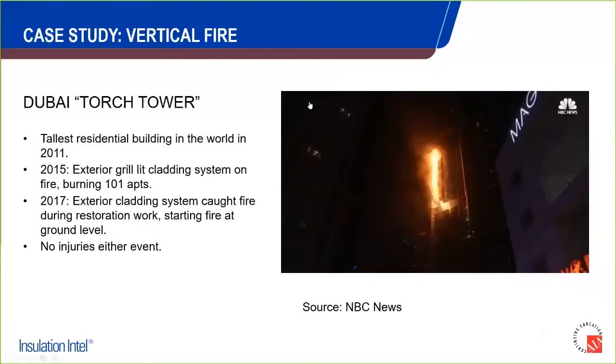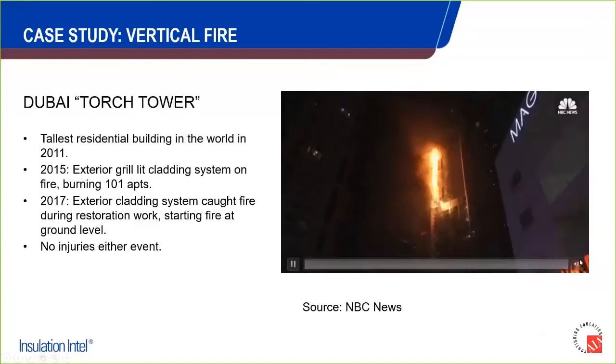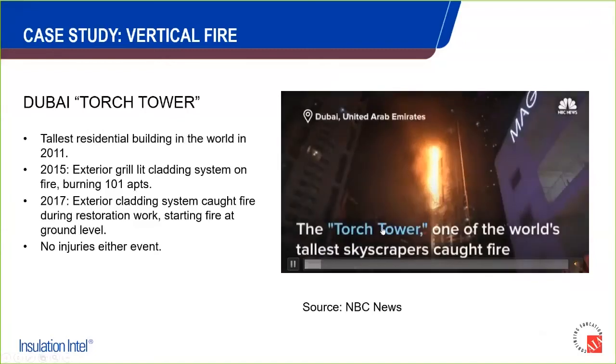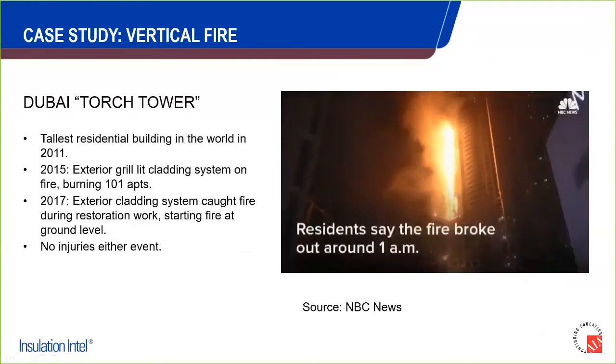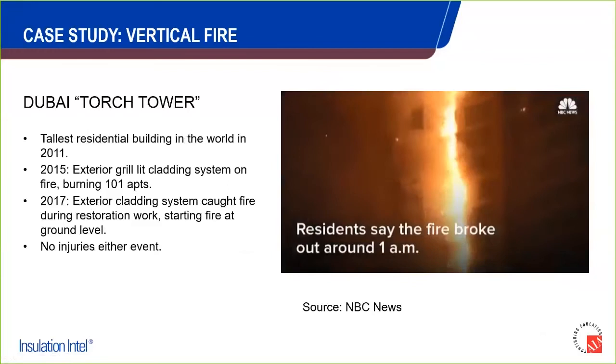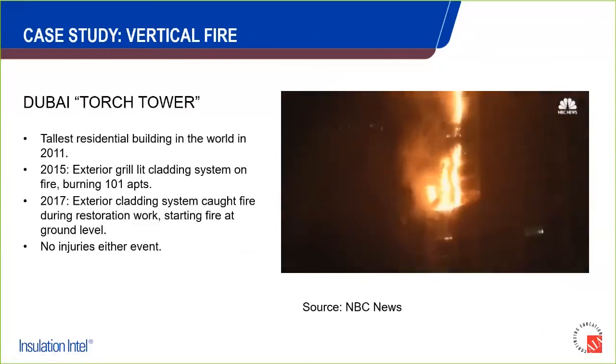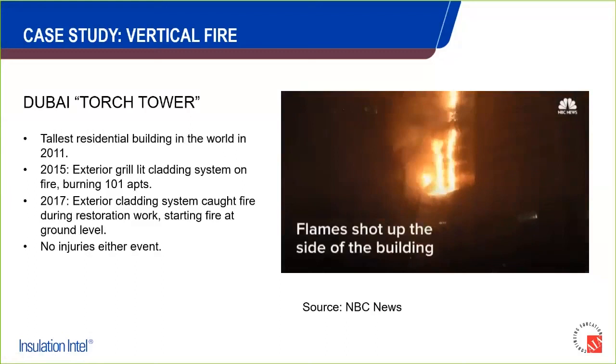So we've got a little video here. This is called the Dubai Torch Tower. I'm not sure if it got the name before or after this event, but in 2011, it was the tallest residential building in the world. It's also called the Marina Torch.